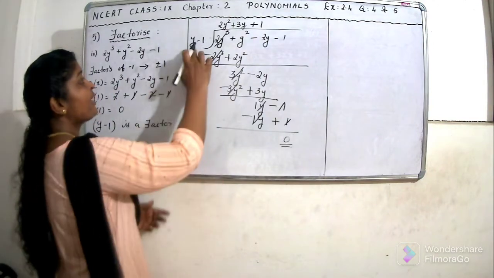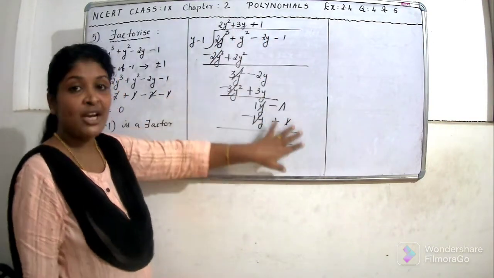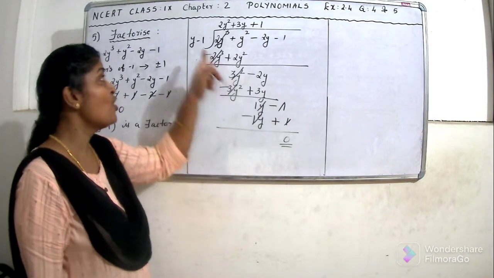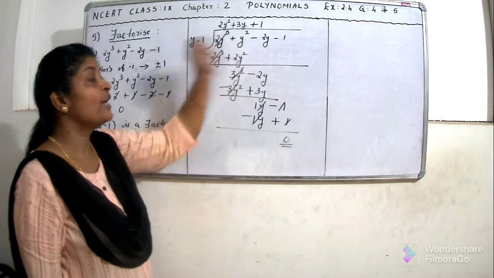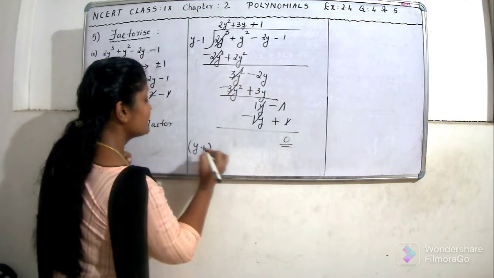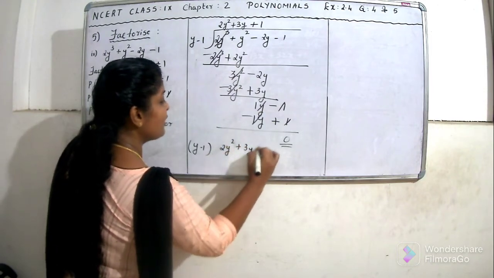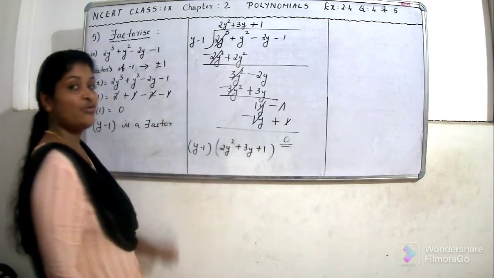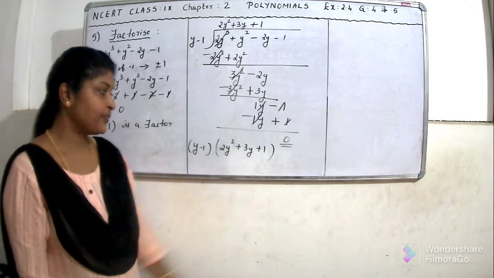So which are the two factors? When the division is exactly divisible, when we are getting 0, the divisor and the quotient are the factors of that dividend. Okay, so y minus 1 and 2y square plus 3y plus 1 are the two factors. Here chances there to split again, so we will do that.